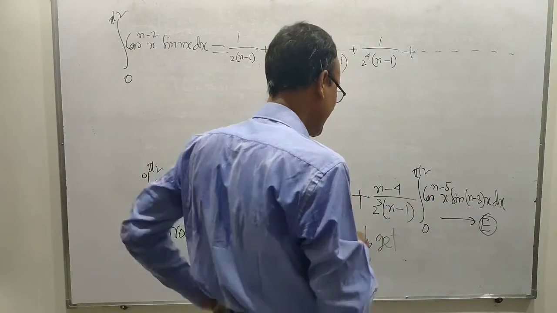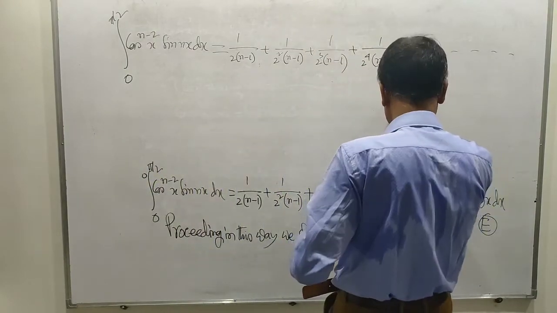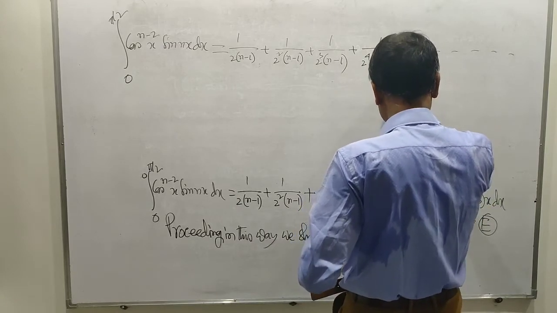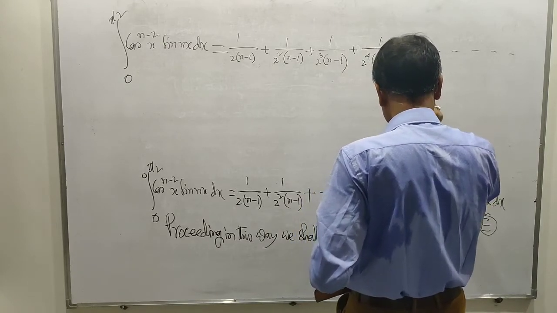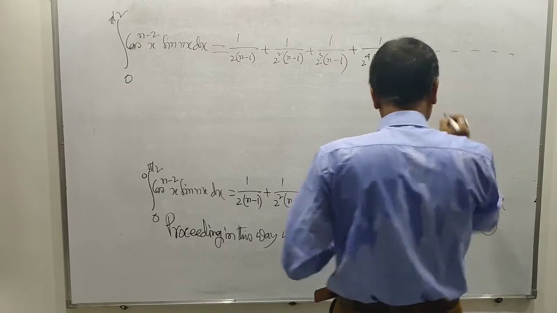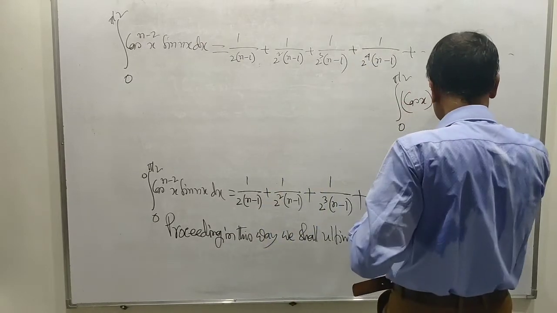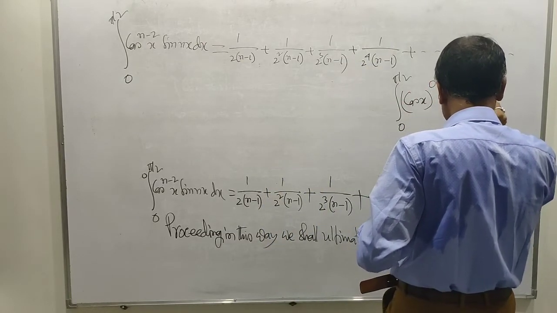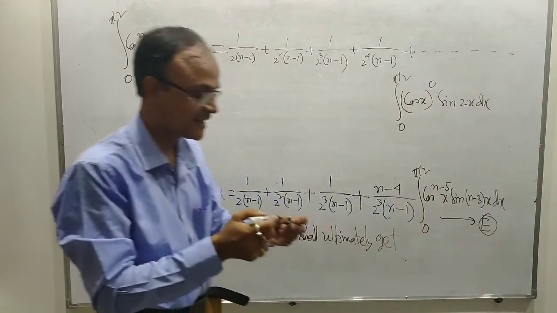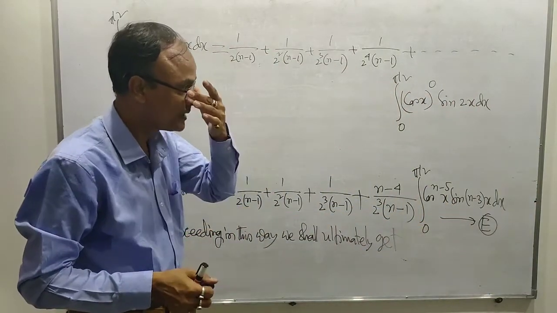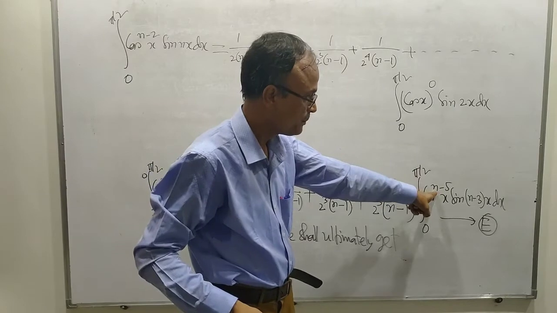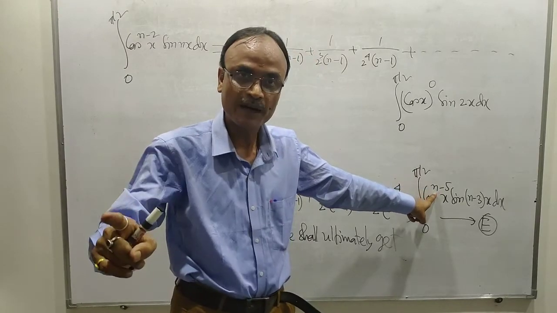You will ultimately get this integral will be equal to 0 to pi by 2 cos x whole to the power 0 sin twice x dx. What you have done? You have put n equal to 5.